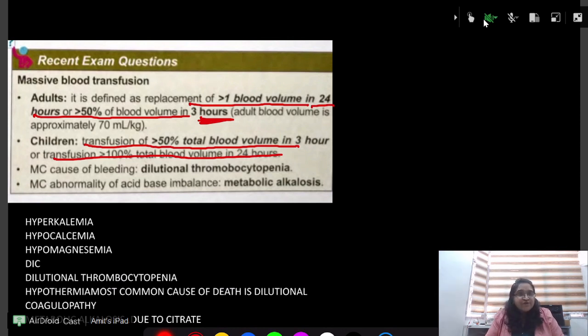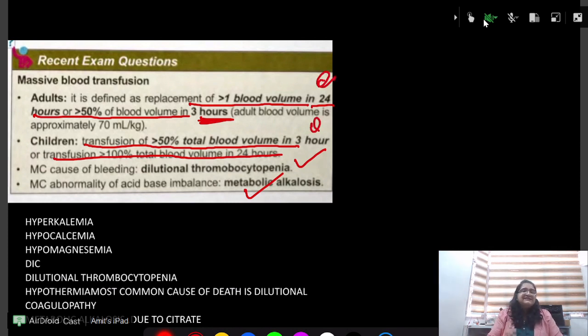The most common cause of bleeding in massive blood transfusion is dilutional thrombocytopenia. The most common acid-base abnormality which occurs is metabolic alkalosis. So beta, this definition has come as a question, so please learn it.